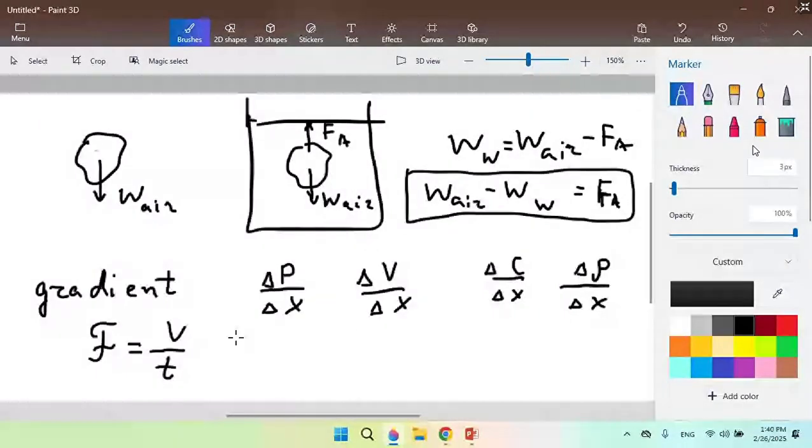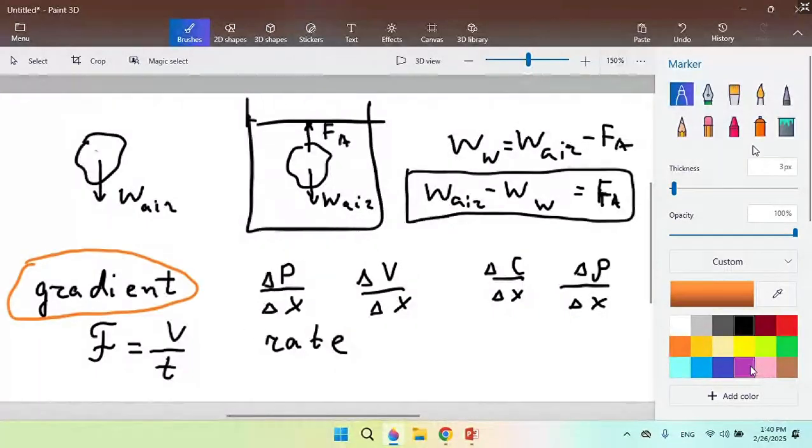Another term is rate, which is different from gradient. If gradient is change over distance, rate is change over time.